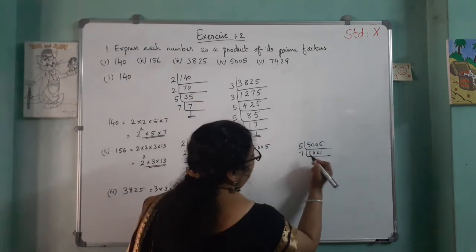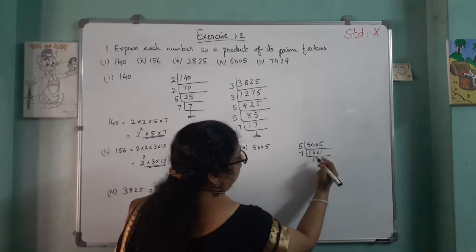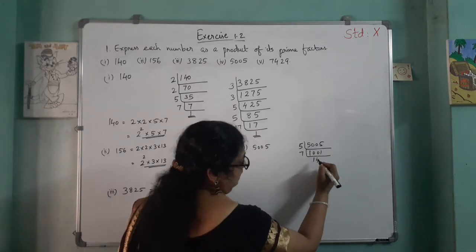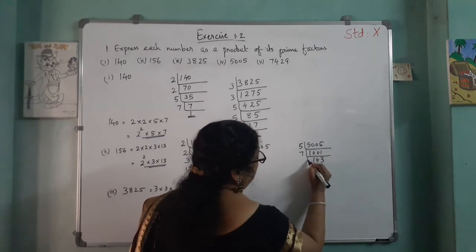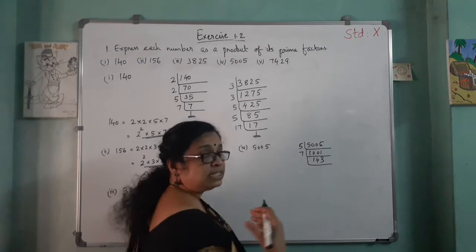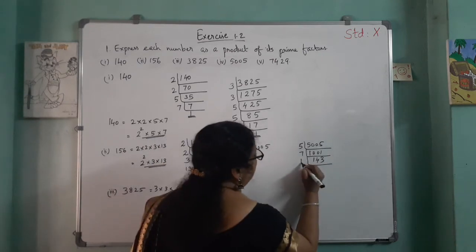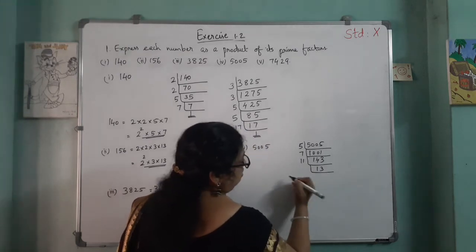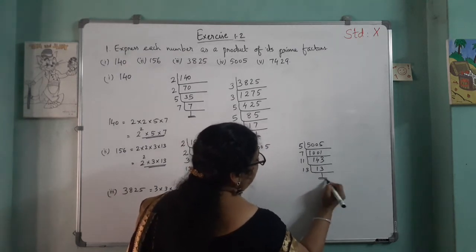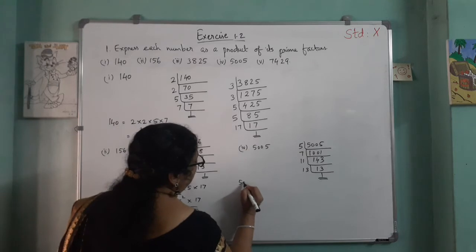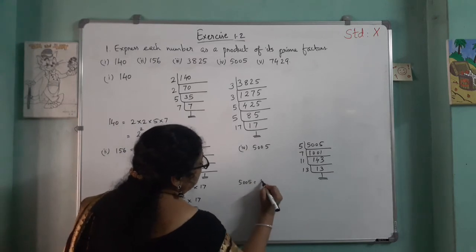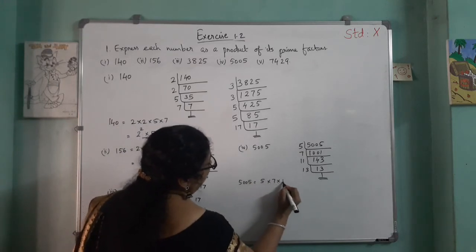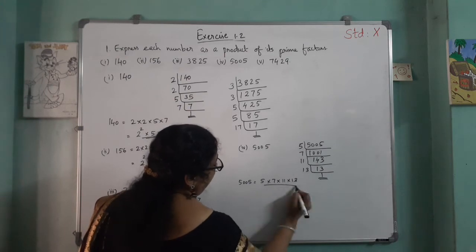Yes. 7, 1 times 7, then 30, 4 times 28, then 21, 3 times. 7 is not a factor of 143, so the next prime number is 11. 11 is a factor, 1 times, then 33, so 3 times. 13 is a prime number, so 13 taken outside. So 5005 can be written as 5 into 7 into 11 into 13.